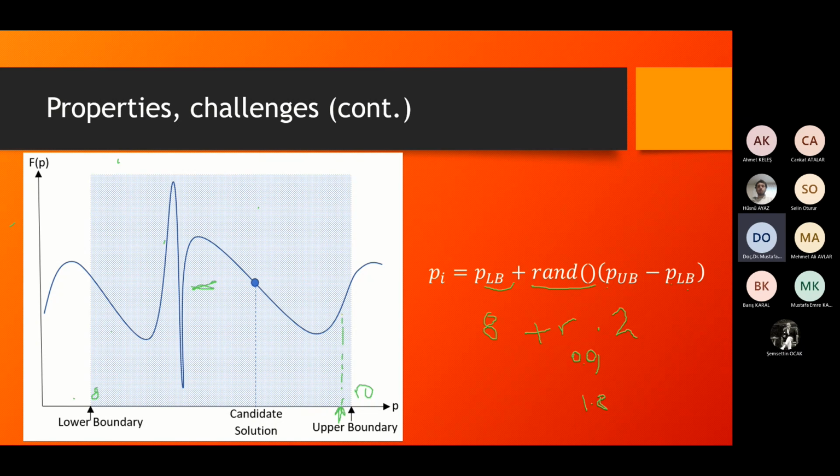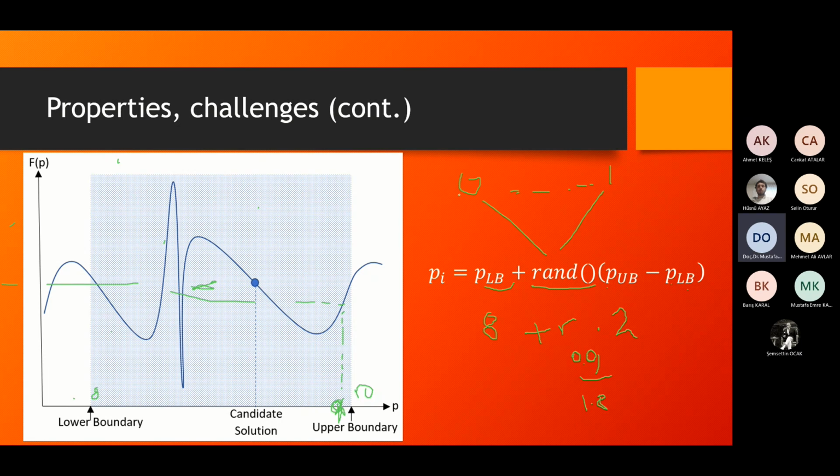So if the value is 0.9, then a random solution will be produced here, and we will be checking whether it is a good one. Our candidate solution will be here, because the random value was 0.9. The random number could be at most 1, at least 0, and the values could be between these two.